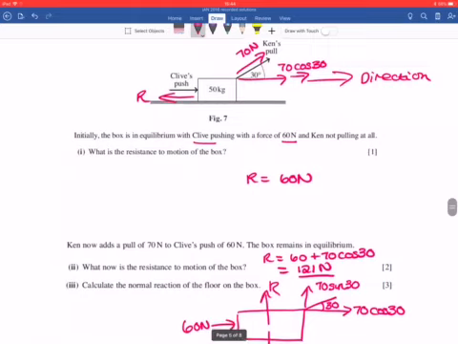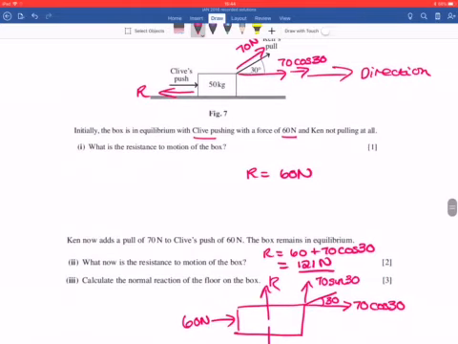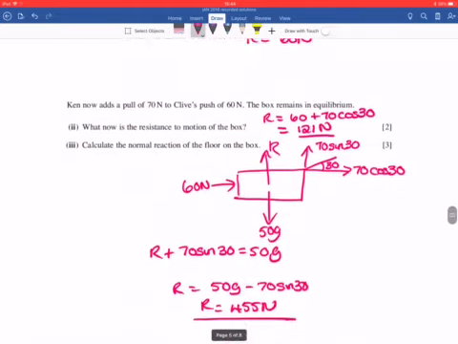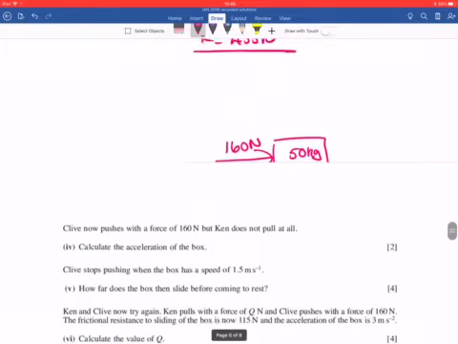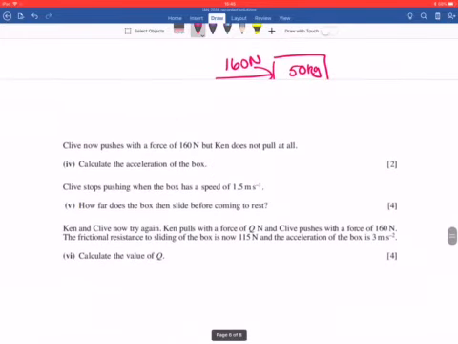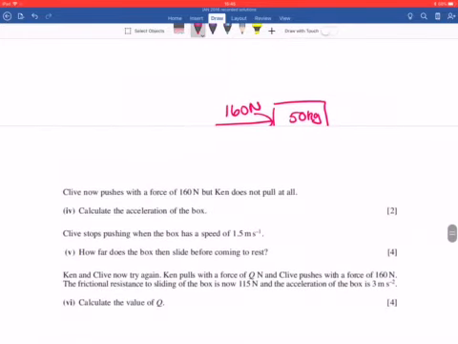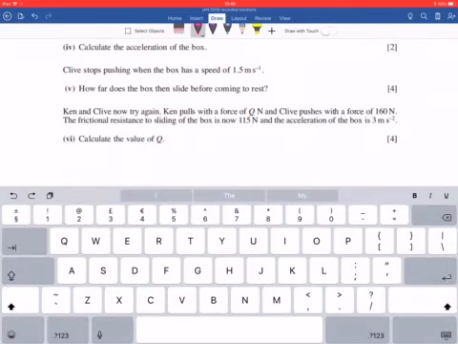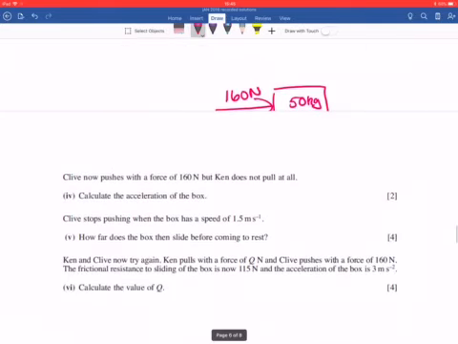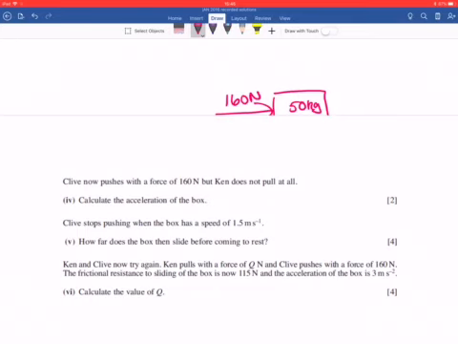So, if you go back to part 1, resistance of the box, let's have a look. F equals MA. My resistance this way is going to be 125 newtons.